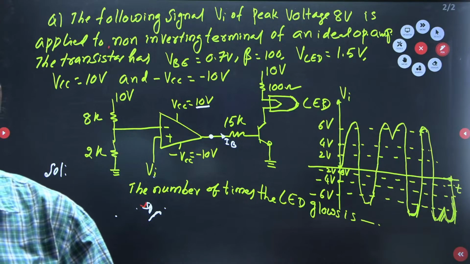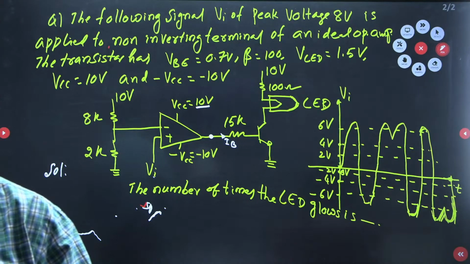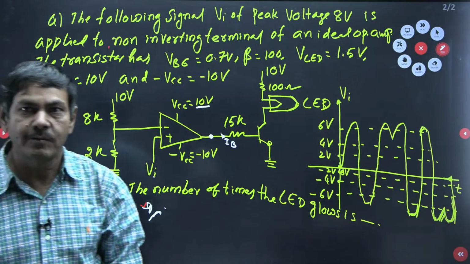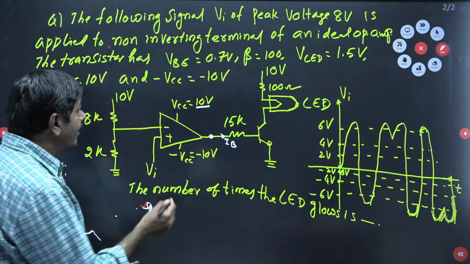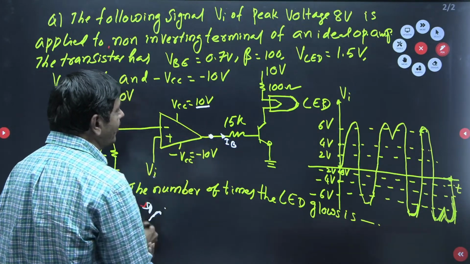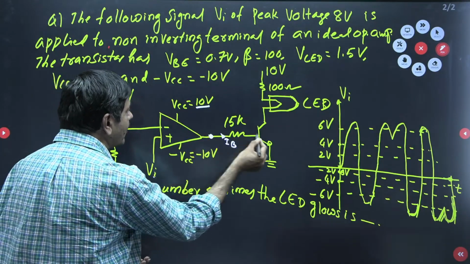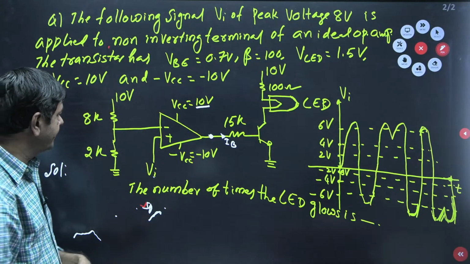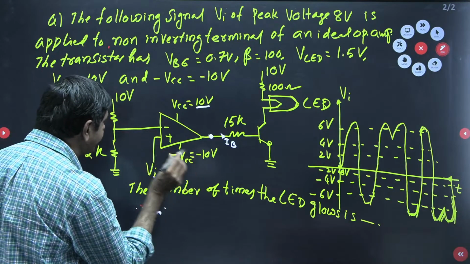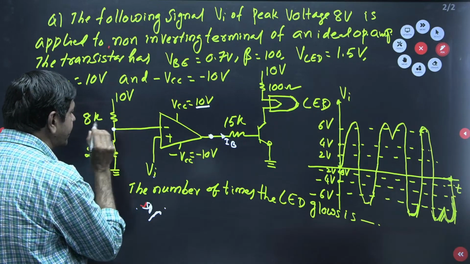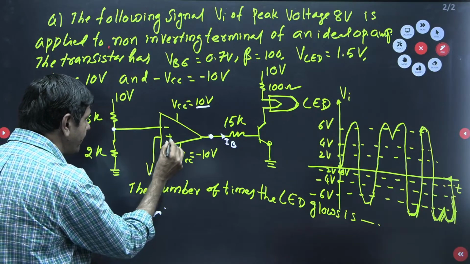Harihara says it will act as a comparator. Yes, very good. That is why out of these two, I want to get the positive potential only. If I get positive potential, then only it is on. First you need to check V minus, this potential, and V plus, this potential.